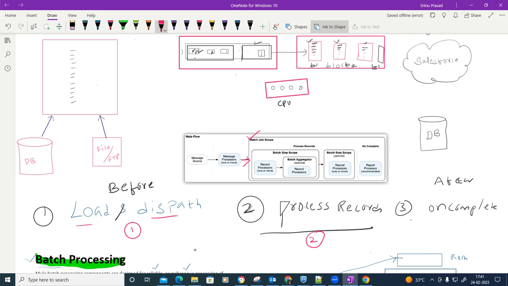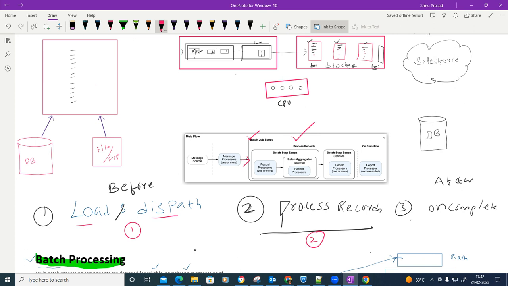Batch job scope is a scope used to process the records in a batch. Mule provides this batch job scope. In this batch job scope, you can see the process records phase and the on complete phase, and the load and dispatch phase is implicit. It's not visible here, but some activity happens here. When we give input to the batch job component, the load and dispatch phase starts.